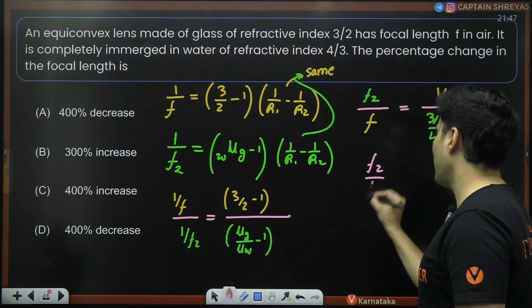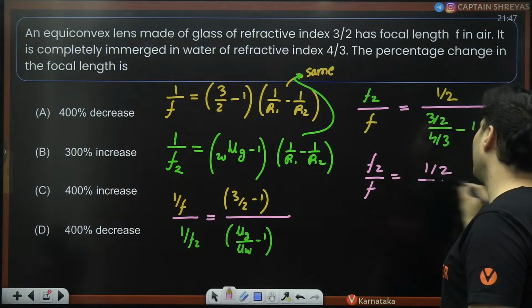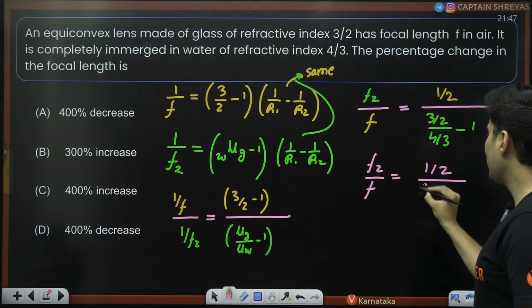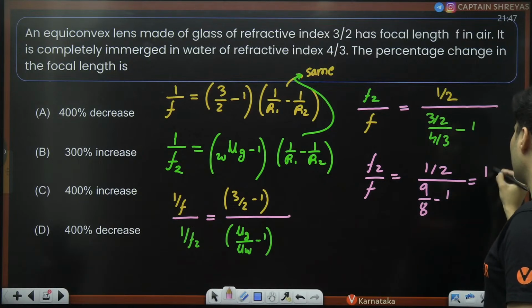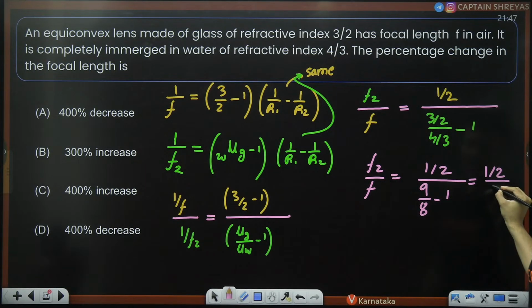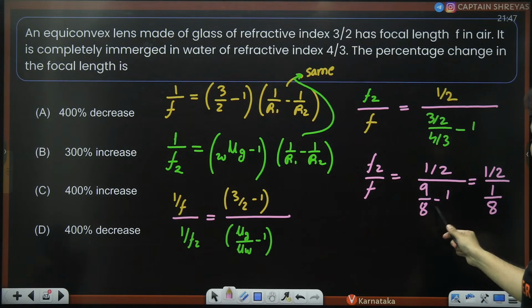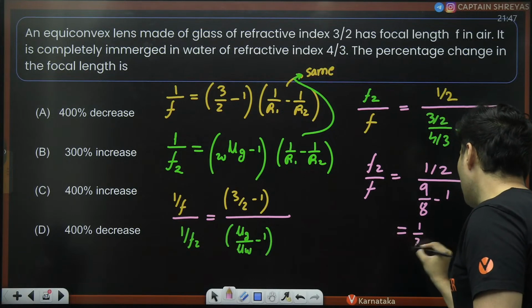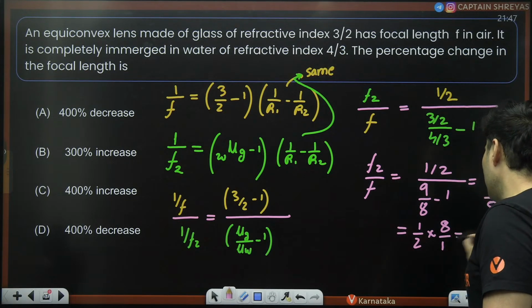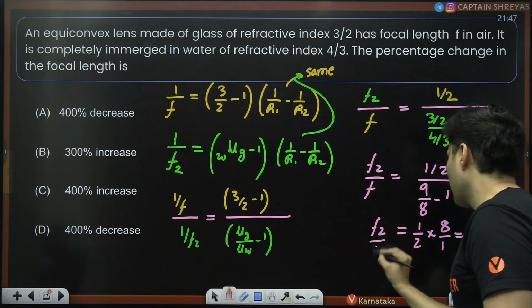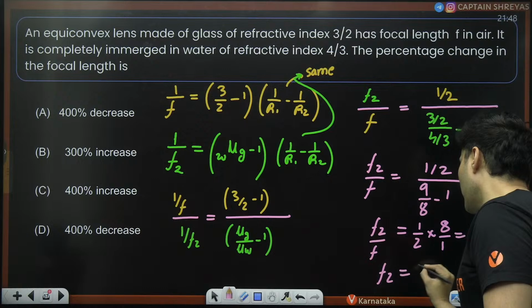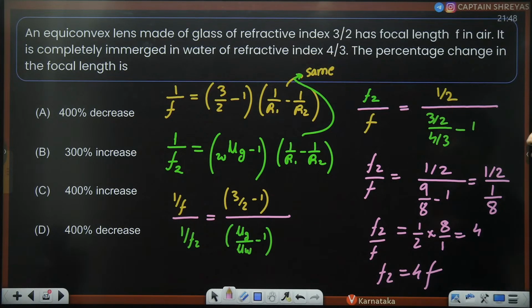So F2 by F is equal to half by 3 3s are 9, 4 2s are 8 minus 1, which is half by 9 minus 8 is 1 by 8. 9 minus 8 is 1, and 8 remains as it is. So this will become 1 by 2 and 8 by 1, which is just 4. So F2 will become 4 times the old focal length.